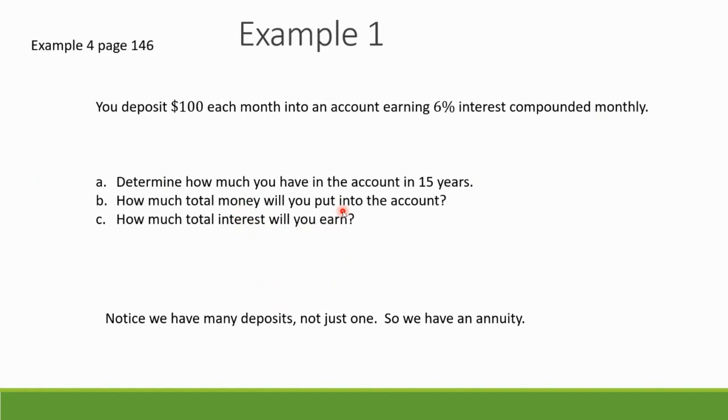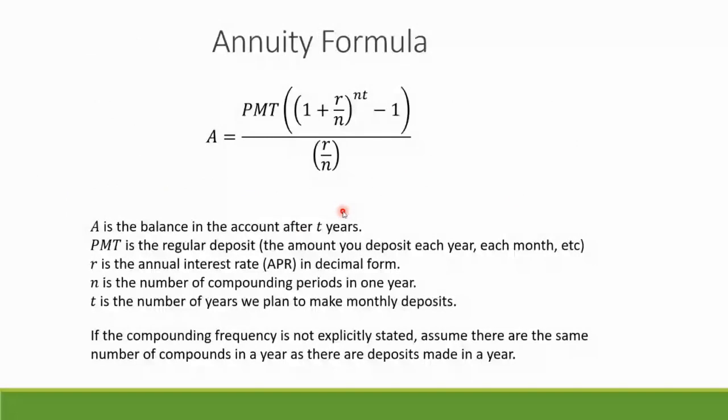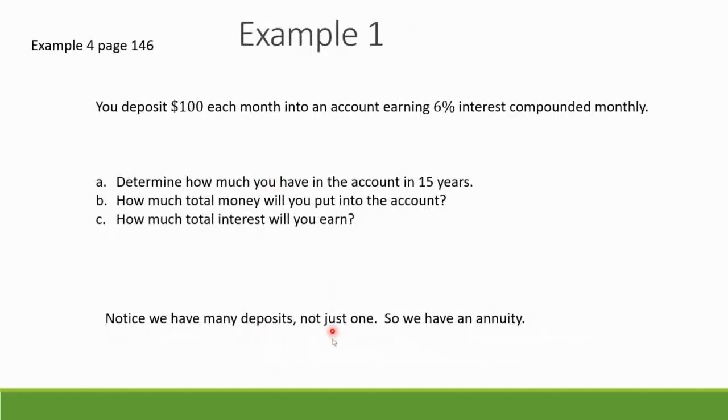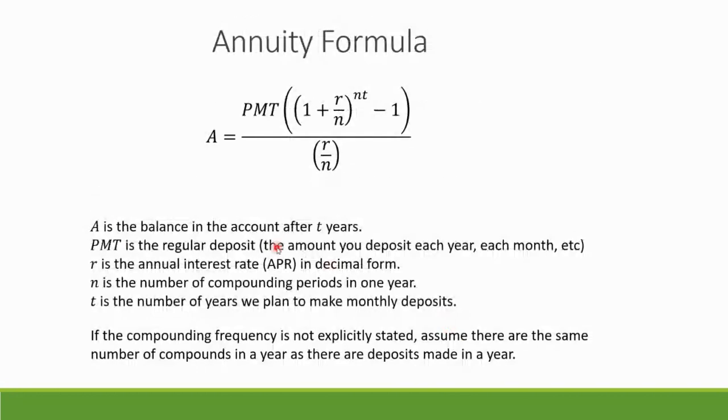All right. But this is the formula we're going to use. We've seen this before, and I'm just reminding you what the notation is. A is the balance after T years. PMT is how much you're depositing each time in this case. Notice we're making many deposits. That's why we have an annuity.